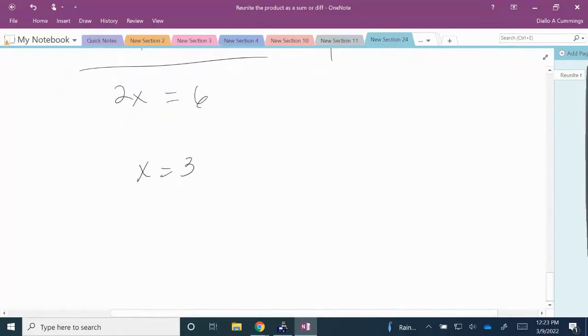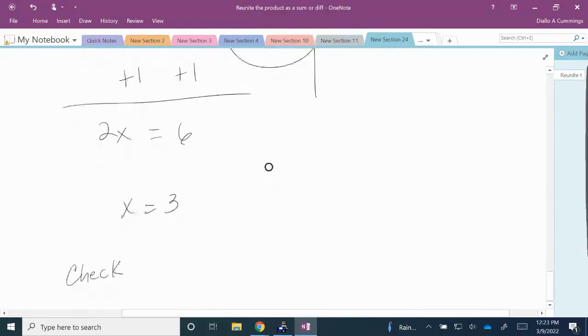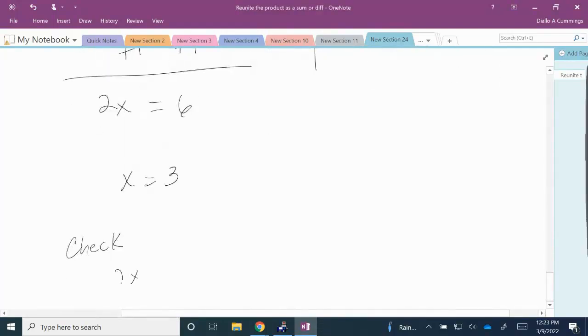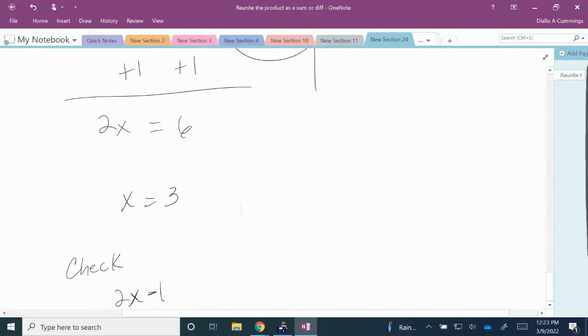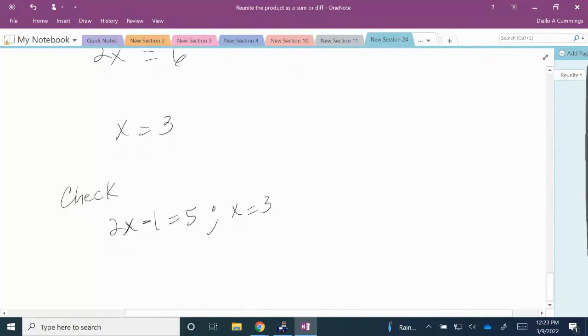In order to check, and this is true of trig functions, in order to check your solution, you go back to your original problem. 2x minus 1 is equal to 5. And we're going to substitute x for 3.